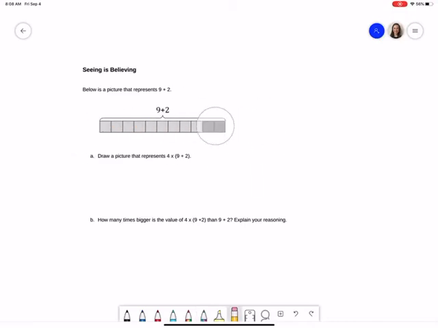Okay. So here we are going to represent 4 times open parentheses 9 plus 2 end parentheses. So hopefully you did something like this.